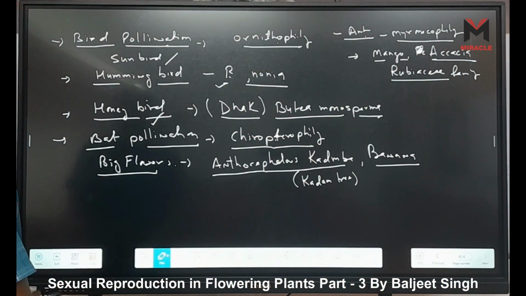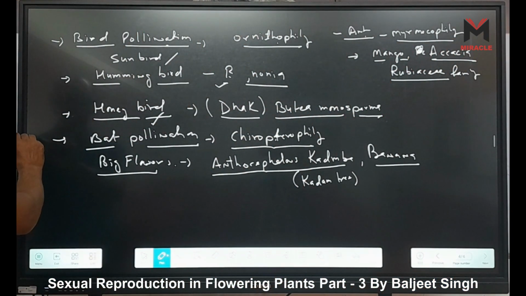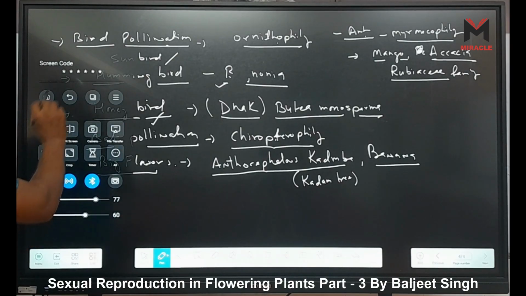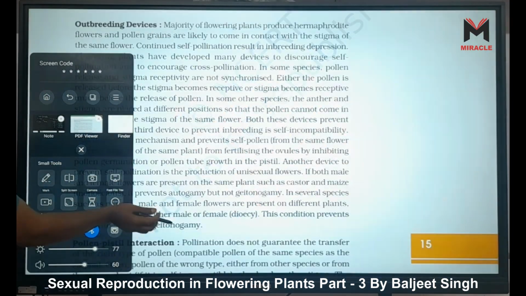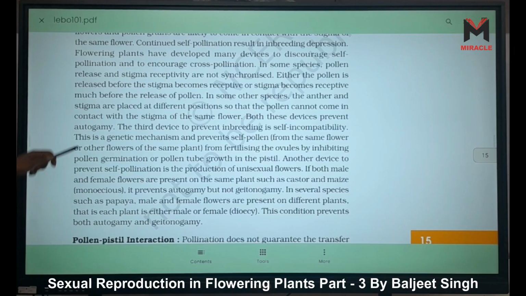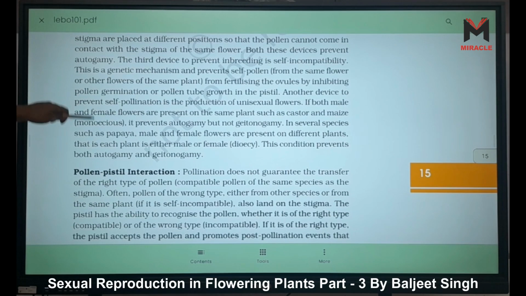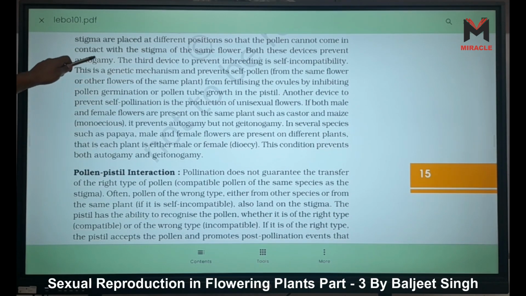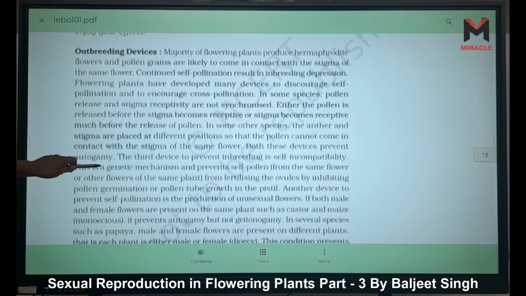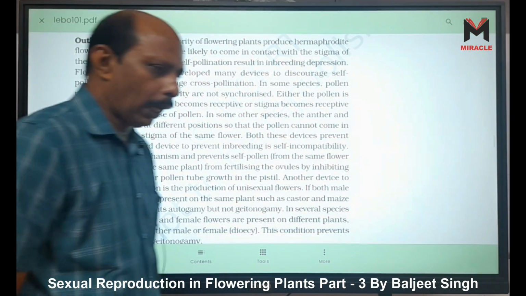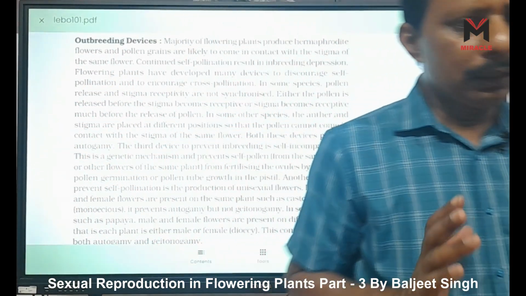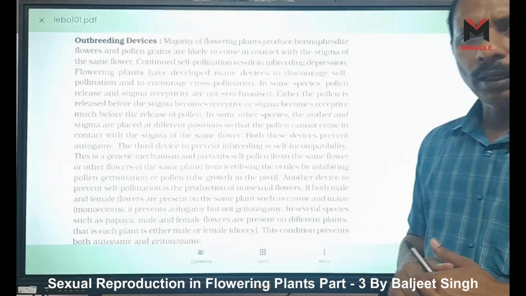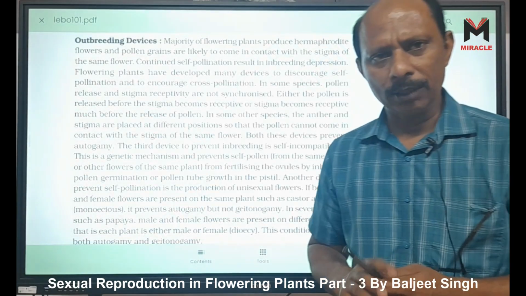Okay, come back to the NCERT. Outbreeding devices. Outbreeding devices means these devices prevent self-pollination, right?